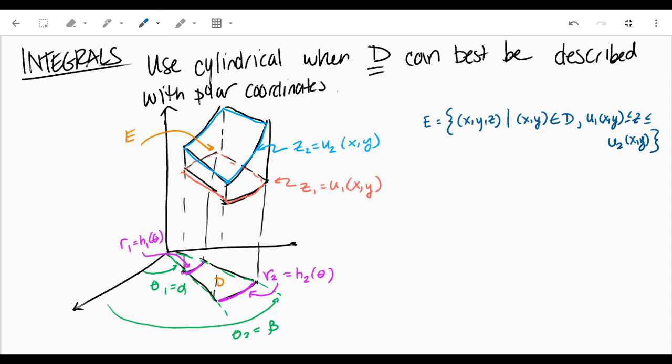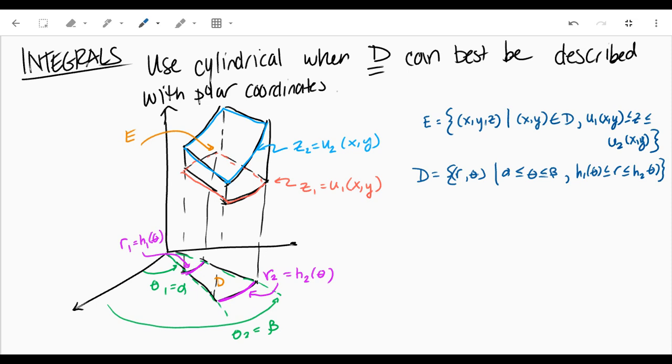Now, though, if D is r and theta, such that theta is between alpha and beta, and r is between h1 of theta and h2 of theta, that's when we're going to want to switch to polar.